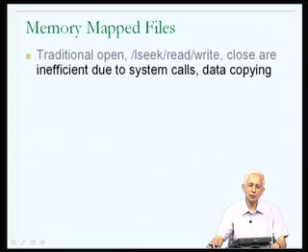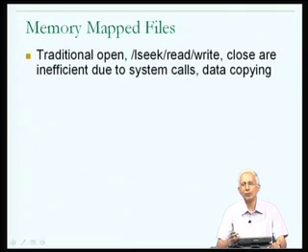So the problem with not using memory mapping is that I would have had to use the traditional open, lseek, read, write, or fopen, fread, fwrite, fseek, etc. But all of them are inefficient, either because they use system calls, which is the case with open, lseek, read and write, or because they involve data copying, which is the case with fread, fopen, etc.